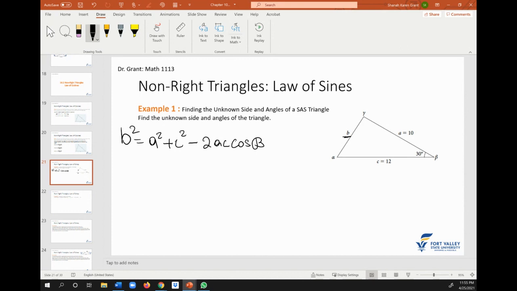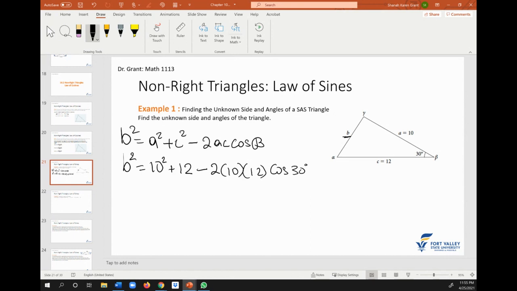So all we're going to do is plug in. That means b squared equals a squared, which is 10, plus c squared, c is 12, minus 2 times a, which is 10, times c, and cosine of 30 degrees.